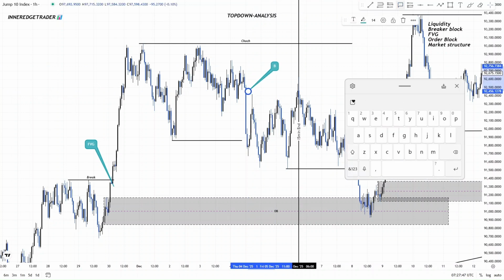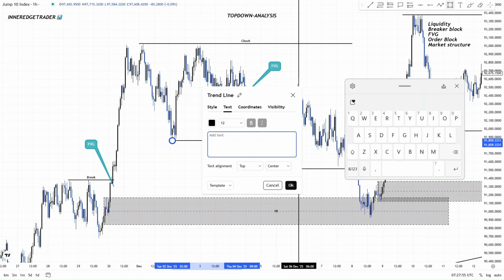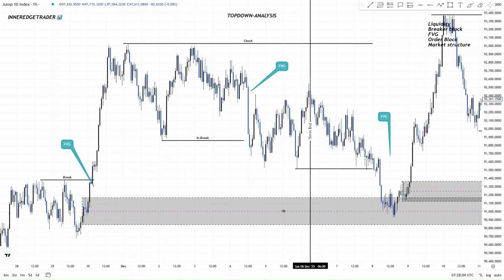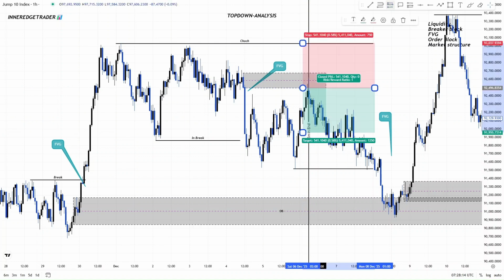This is a valid fair value gap, and this is a valid order block rather, that causes the internal break that we're seeing here. So this is the internal break. Then after the fair value gap, we have the order block that price retraced from. If you are taking this trade, you will have gotten a nice win to reward ratio.